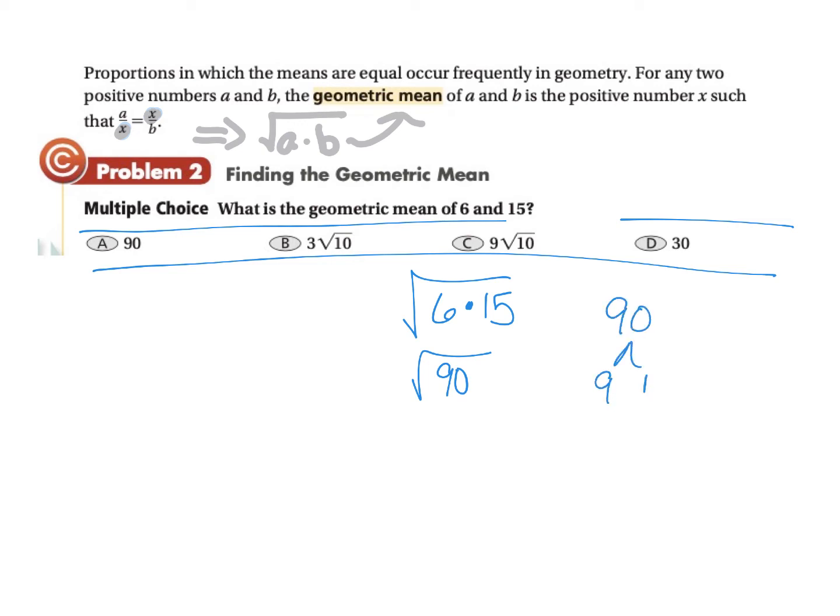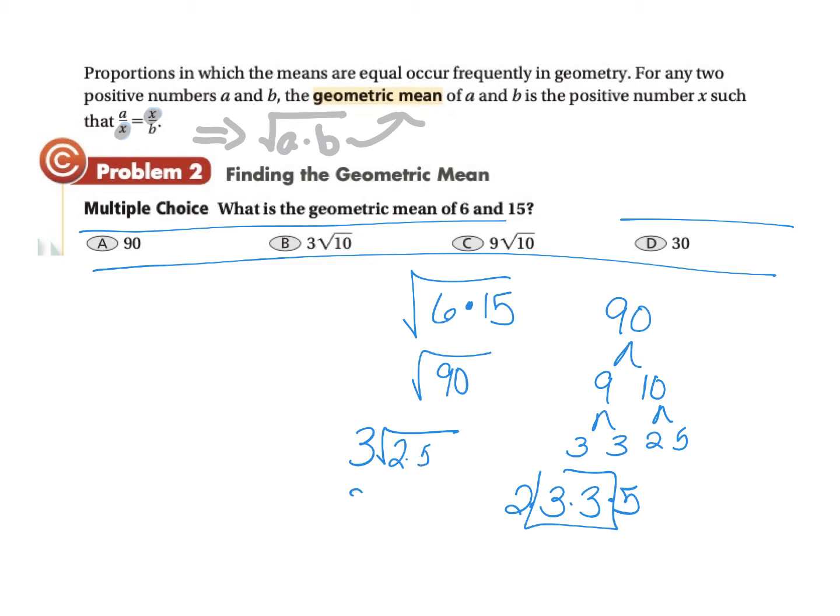That breaks down to 9 and 10. 9 breaks into 3 and 3, and 10 into 2 and 5. So you have a 2, two 3s, and a 5. You have one set of 3s, so a 3 on the outside, and a 2 and a 5 left inside. So it should be 3 radical 10. B would be your answer.